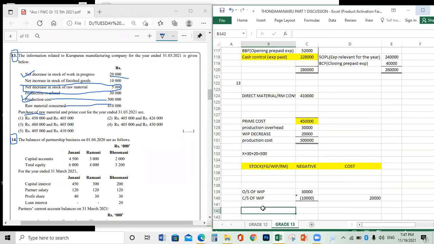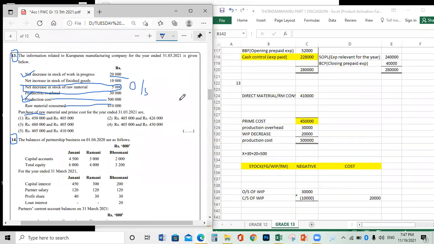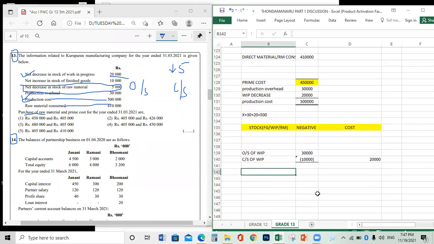Listen carefully. When they say decrease, they are talking about the difference between opening and closing stock. They are telling us that compared to the opening stock, the closing stock has decreased by 5,000. What does that mean?